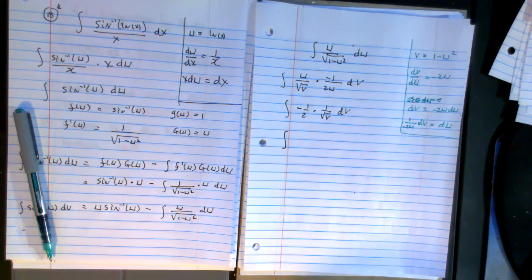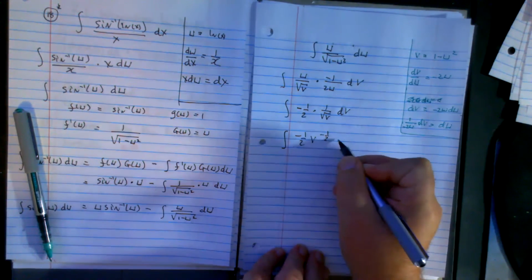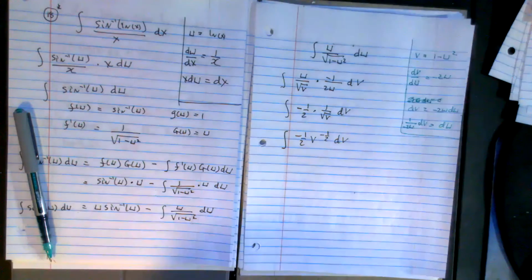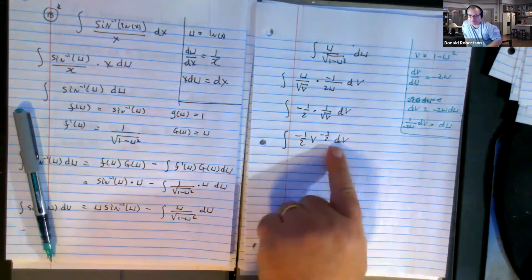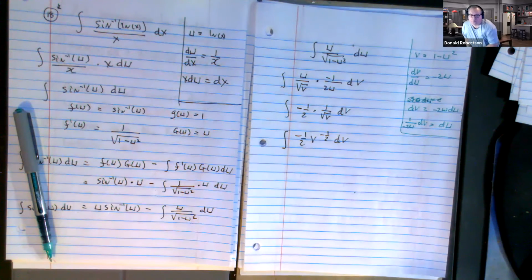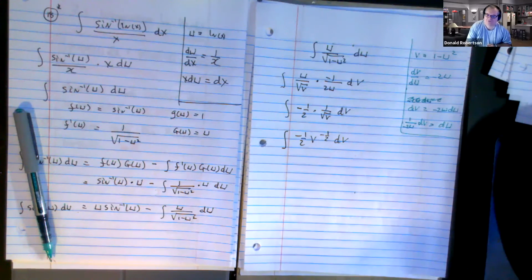Can't you drag the -1/2 out, and the 1 over v would be... I don't know if you can see what that is, but I think the minute you said it, that's essentially what you're telling me to do, right? Oh, well, I thought that's what you meant.